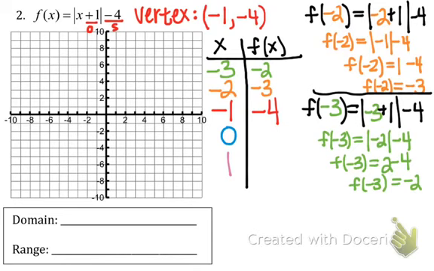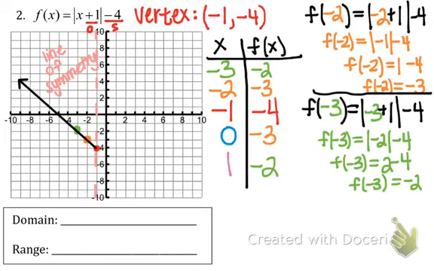Now remember what we said about the last problem, that since absolute value functions are symmetrical, we can just plot these points first of all, and then duplicate across our line of symmetry. So now we know that our corresponding f of x value for x is 0 is negative 3, just like the corresponding value of negative 2.